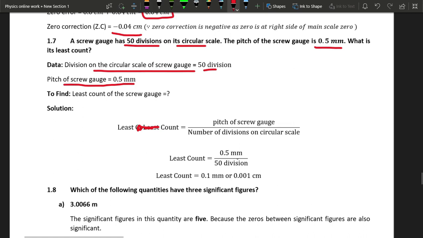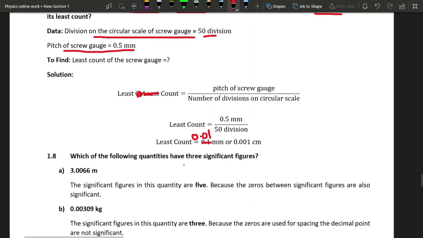So just divide 0.5 by 50. The answer will be 0.01 millimeter. Let me correct this value: it is not 0.1, so the answer will be 0.01 millimeter.